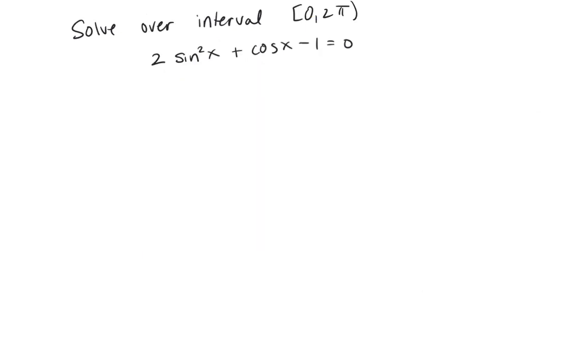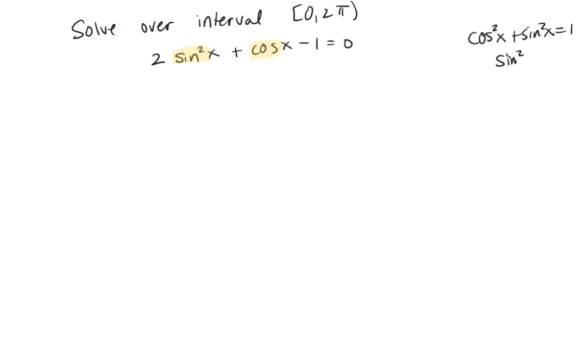In this example, we have more than one trig function. Notice that we have a sine squared, and we also have a cosine. So we need to figure out how to write this with only one trig function, and because cosine squared x plus sine squared x equals 1, there's that Pythagorean identity.